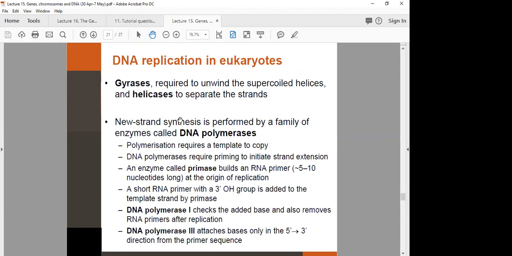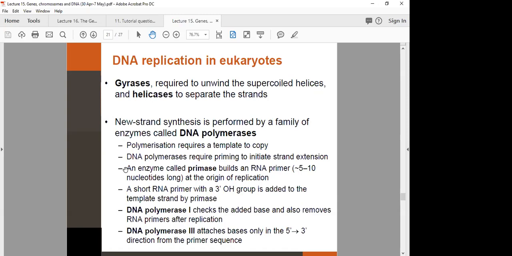All right, so the new strand synthesis of DNA is performed by the enzyme DNA polymerase, but DNA polymerase requires priming in order for it to initiate the synthesis of that new strand of DNA.